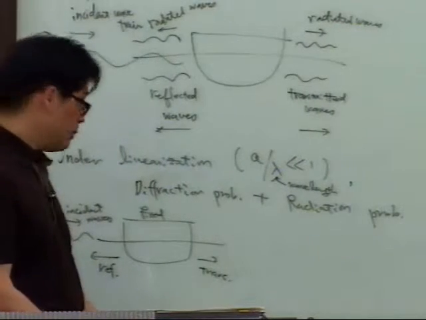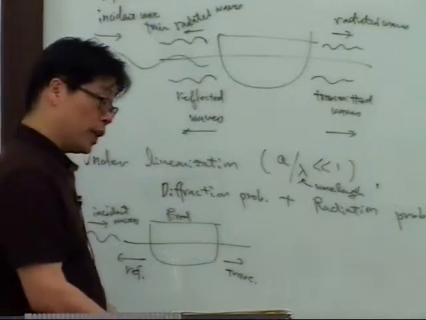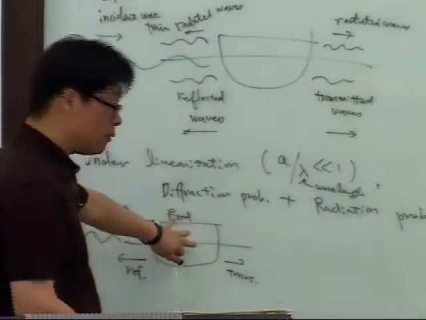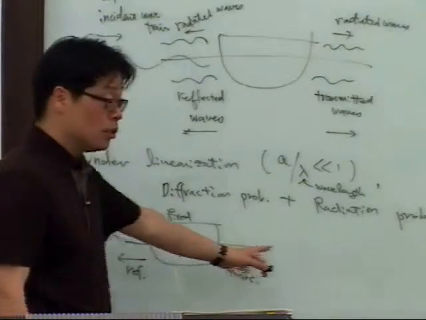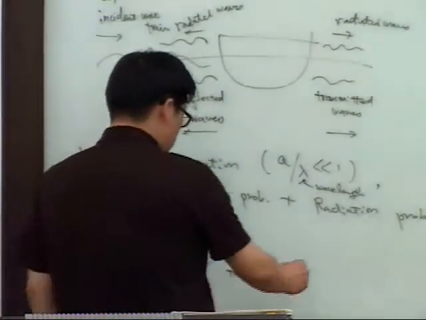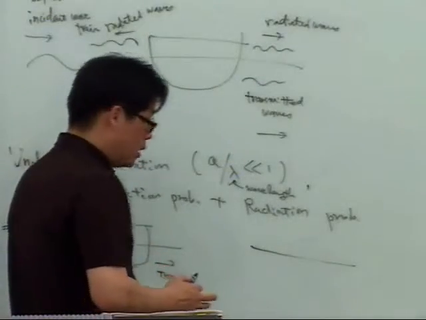Since the body is fixed, there is no radiated waves because you are holding it. Some waves will be reflected, some waves will be transmitted. And the radiation problem, on the other hand, has no incident waves.